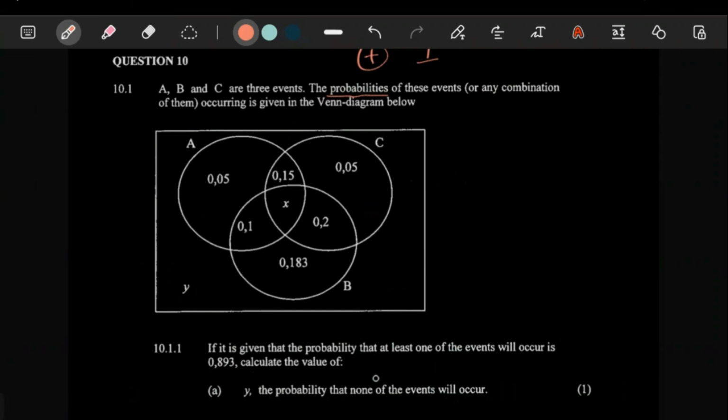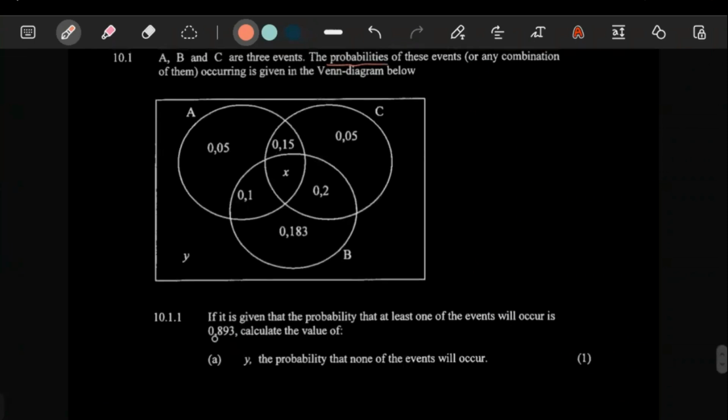So the probability of at least one thing occurring is everything in here between A, B, and C. If everything here adds up to 0.893, it means we can add everything up, remove it from 1, and get y. We don't even need x for that.